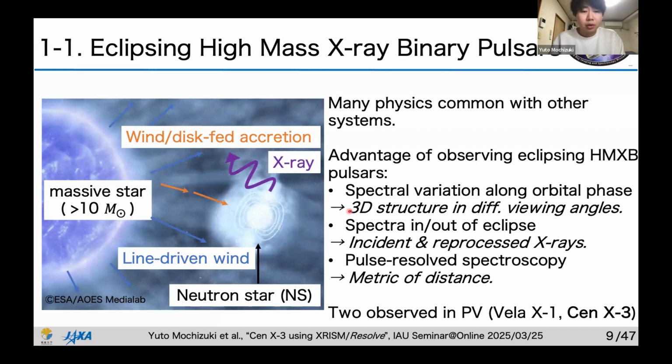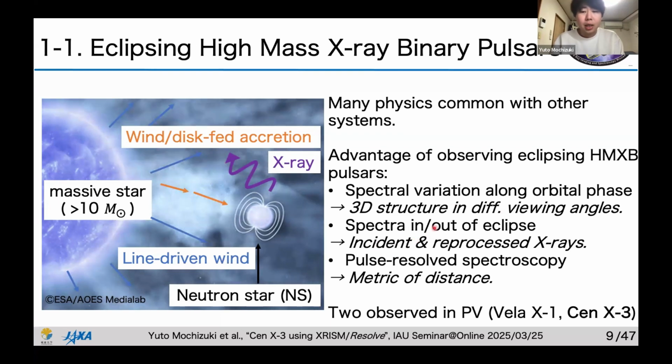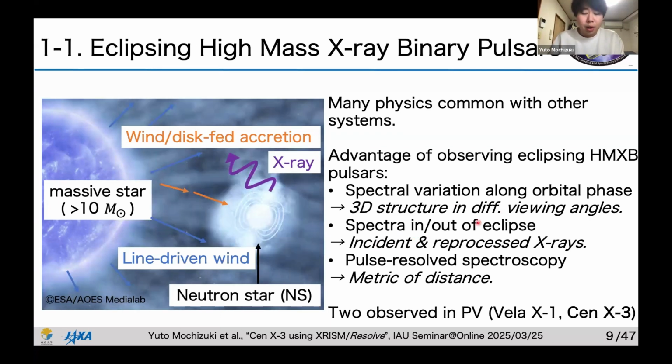First is the spectral variation around the orbital phase. This allows us to see the 3D structure from different viewing angles. The second is eclipse. This allows us to separate the incident and reprocessed X-rays. Third is pulse-resolved spectroscopy. This allows us to estimate the distance metric.